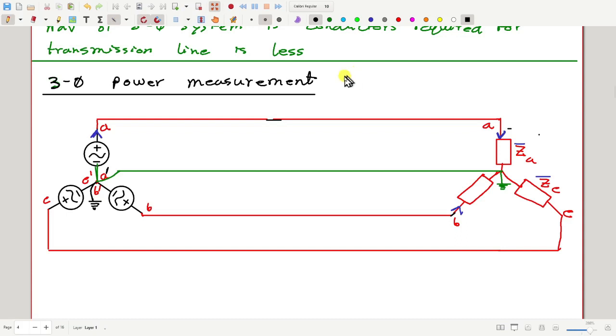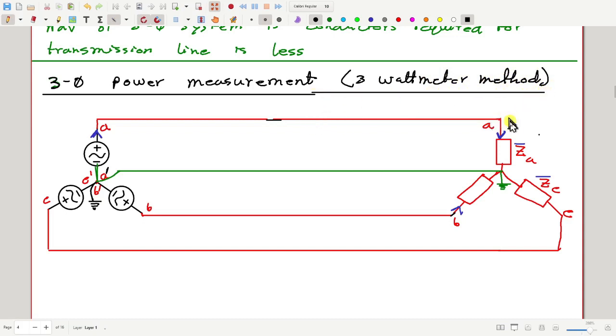Suppose we have 3 wattmeters. Each one will be used to measure the power consumed in ZA, ZB and ZC respectively. How to connect? Let me see how much you remember.